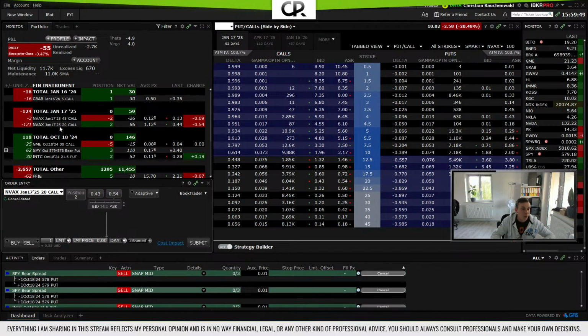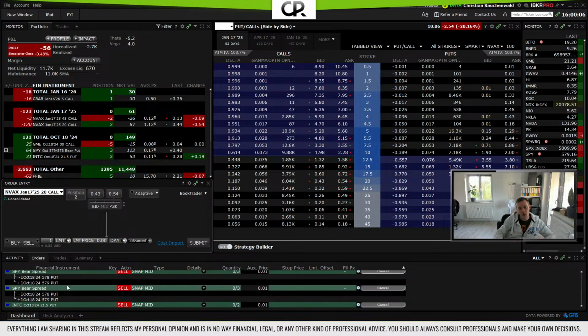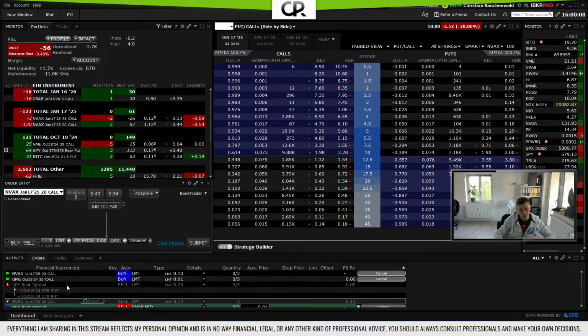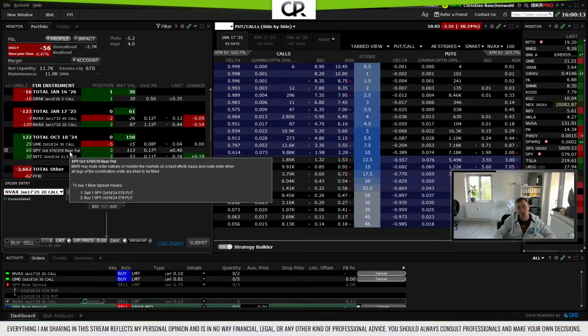Now we covered Novavax, which did not do what I expected. Our Novavax option was already $60 in profit, which is also not a lot, but it was still in profit. I actually should start to set up those conditional order tickets for pretty much all the trades once we are in profit.